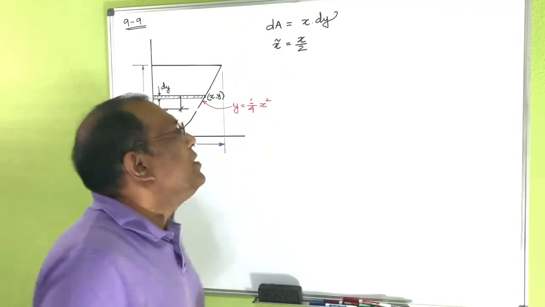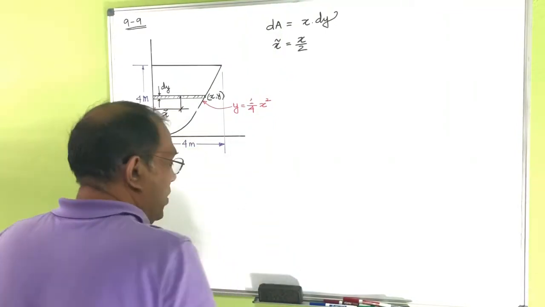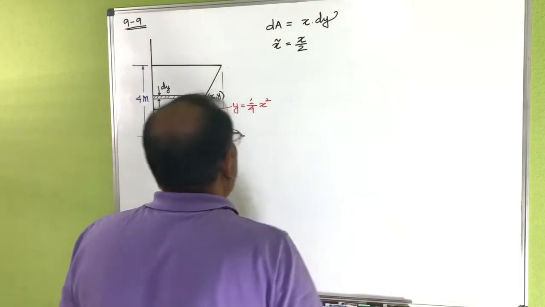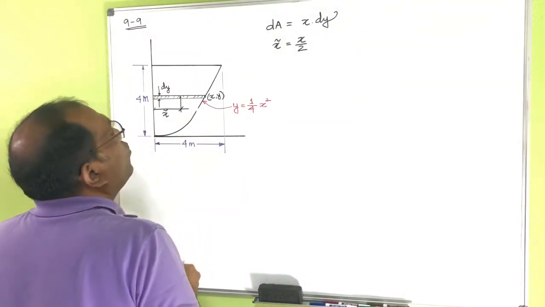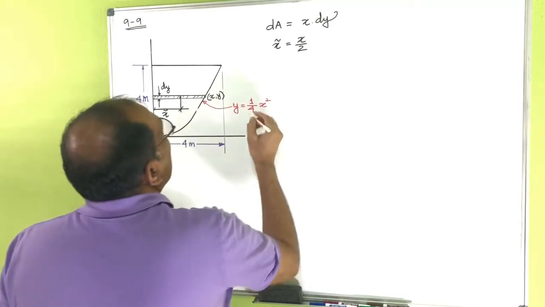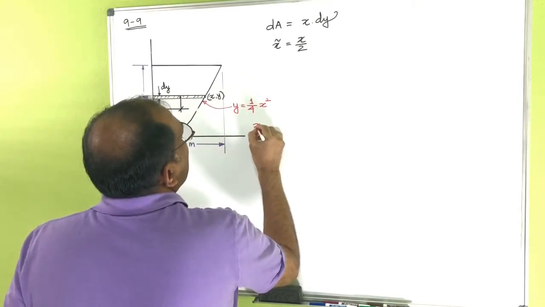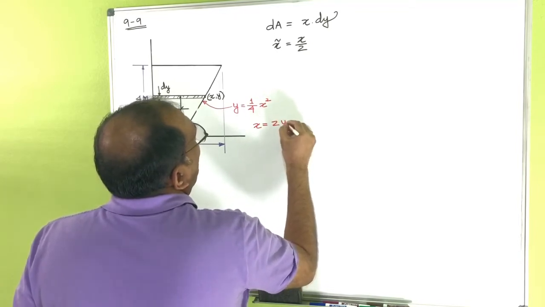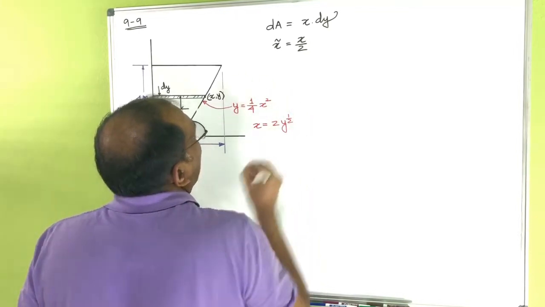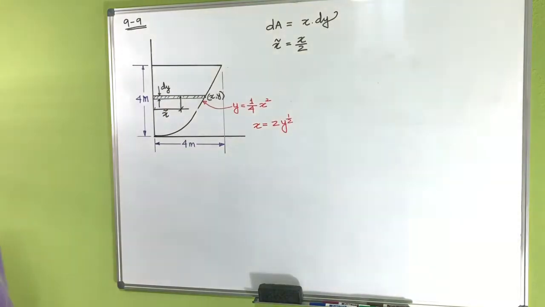Okay, so now you can see we already have the equation here, that y equals 1/4 of x squared. So x is equal to 2y to the power half, right?